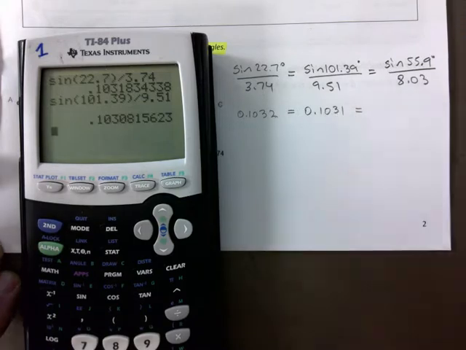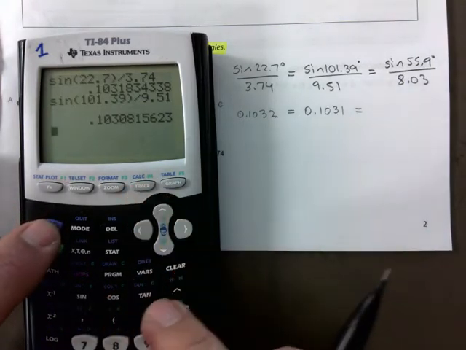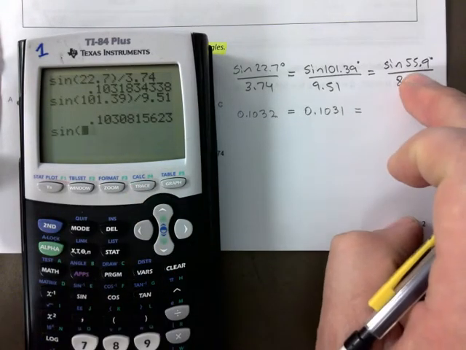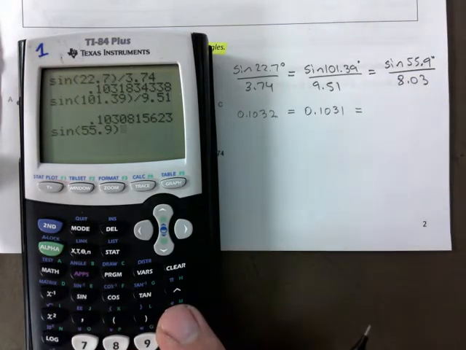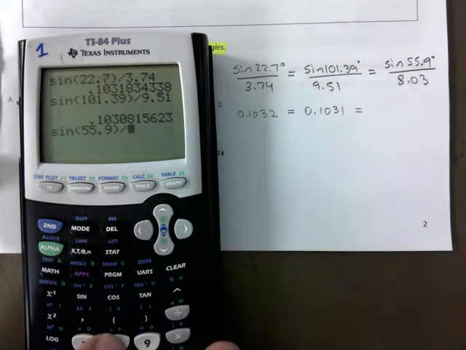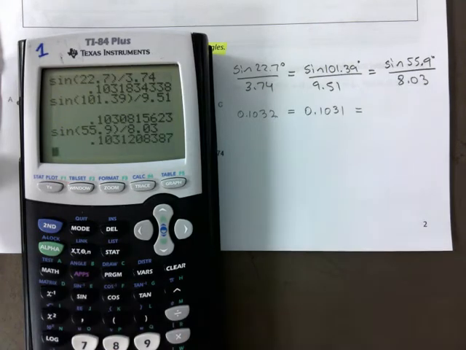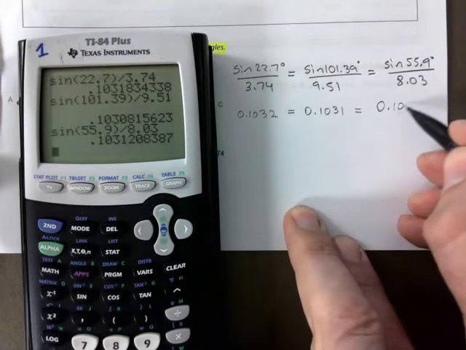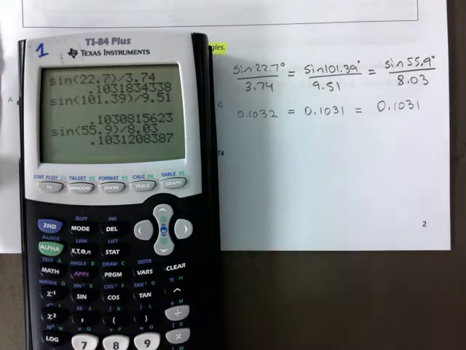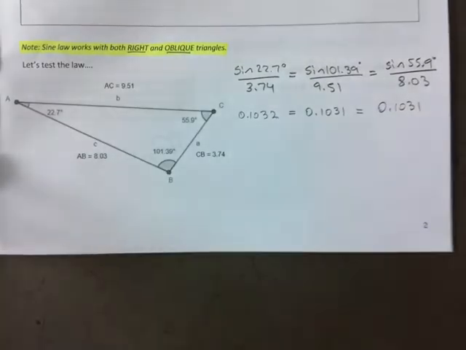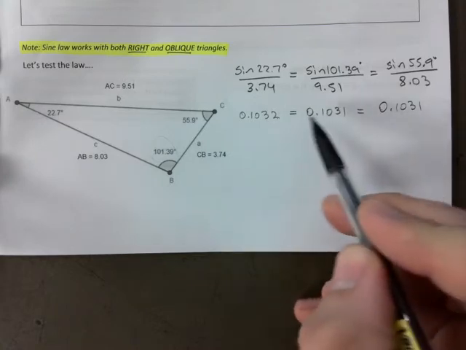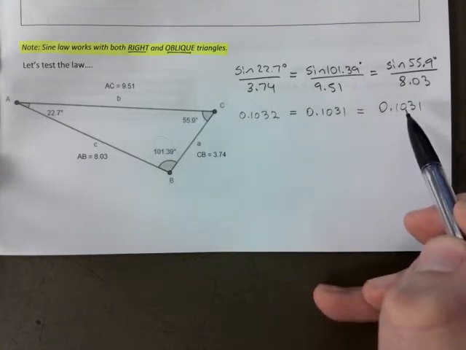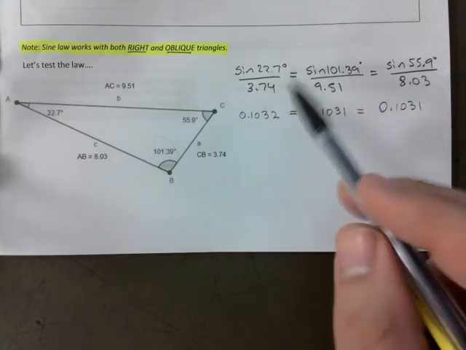It's a little bit off, but that's okay. And then one more. Sine of 55.9. Close the brackets. Make sure you close the brackets, otherwise it may not give you the right answer. And that's 0.1031. Except for this one right here, we can clearly tell that this actually checks out. This sine law checks out.